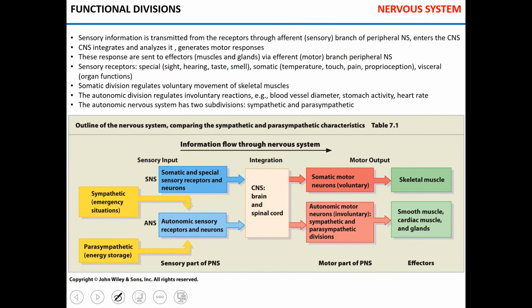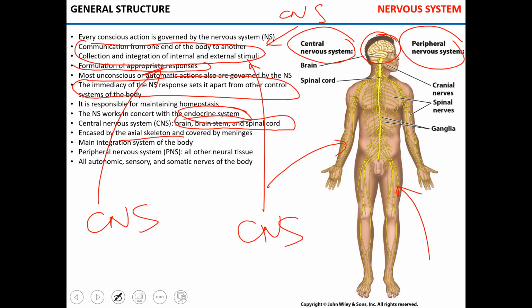Now, what's the function of the peripheral nervous system? Obviously, it's collecting the information from the sensory receptors: special senses like eyes or ears, somatic receptors found in the skin and in the body, and visceral receptors that are found in the organs.